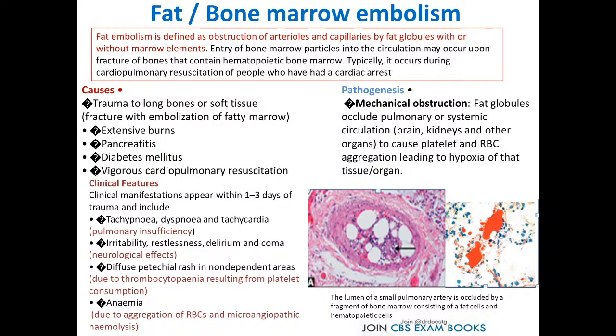Fat and bone marrow embolism is defined as obstruction of arterioles and capillaries by fat globules, with or without marrow elements. Entry of bone marrow particles into the circulation may occur upon fracture of bones that contain hemopoietic bone marrow.